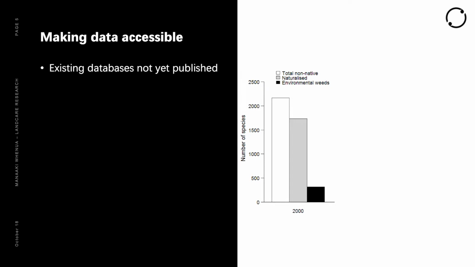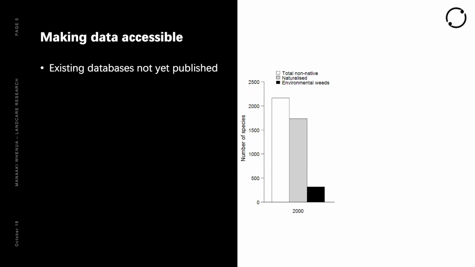So our first aim in this project is to make data that are already out there more accessible. The first step is drawing on existing databases that are not yet published. The first example is a database of the species that were introduced by the year 2000, compiled by Hazel Gatehouse for her PhD and existing within her thesis, but the raw data are not widely available.